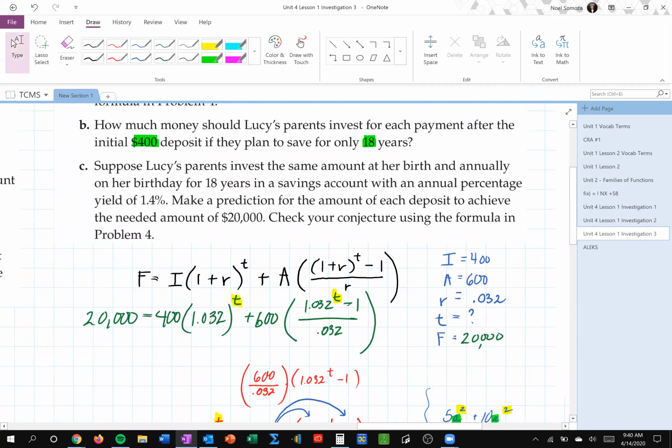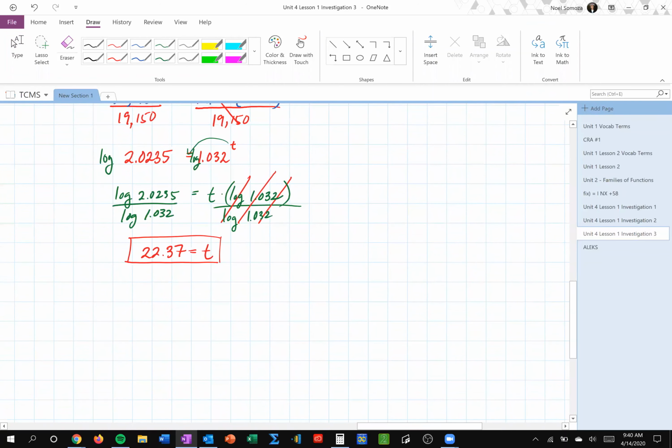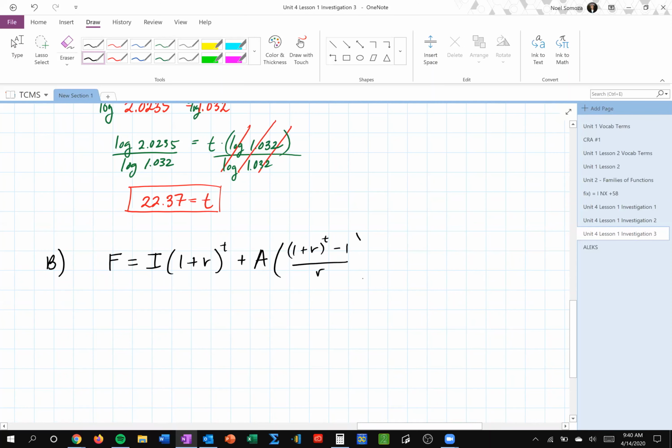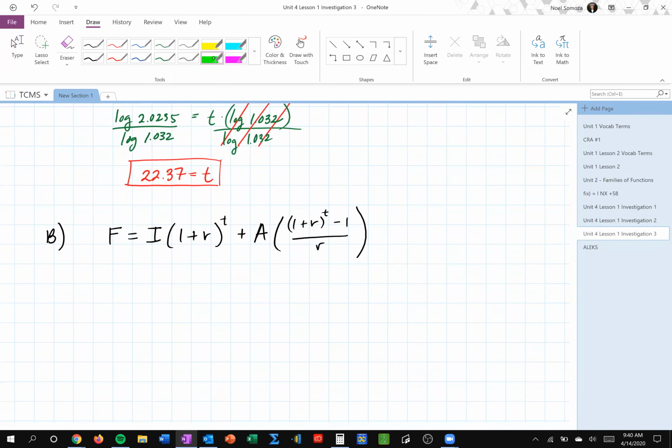For B, kind of a similar setup. We still start with this general formula, and we have everything we need, but what we're solving for is going to be A this time.